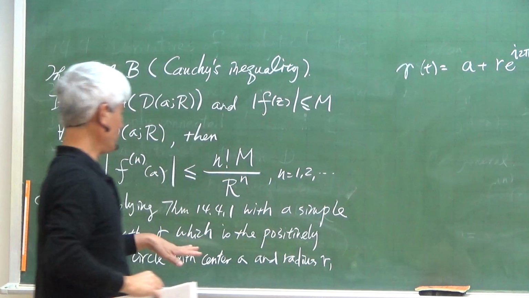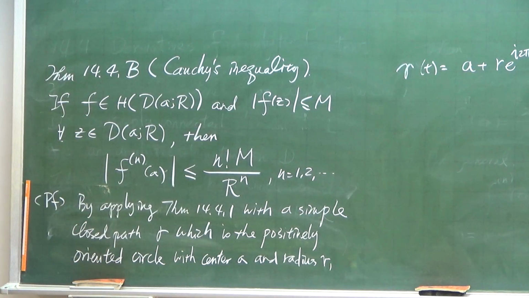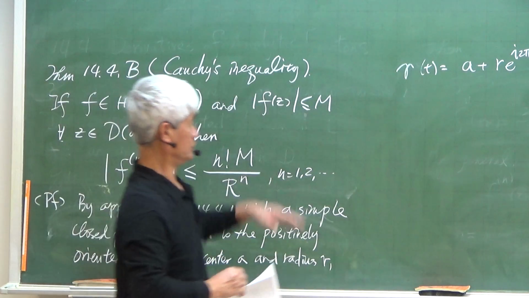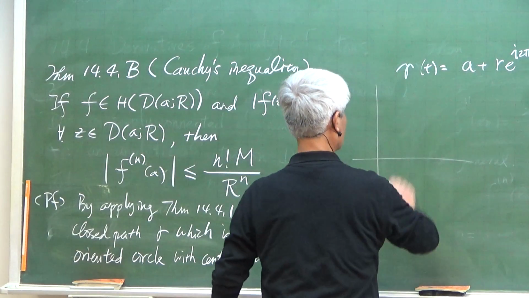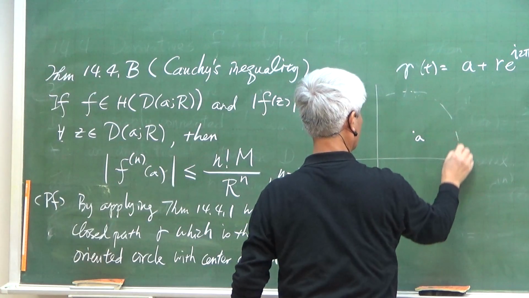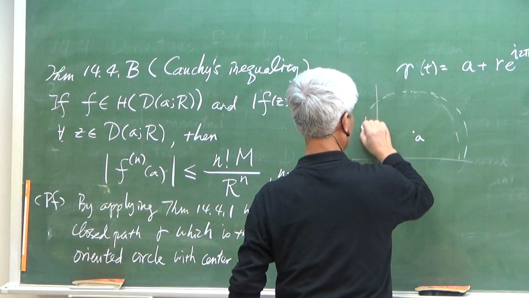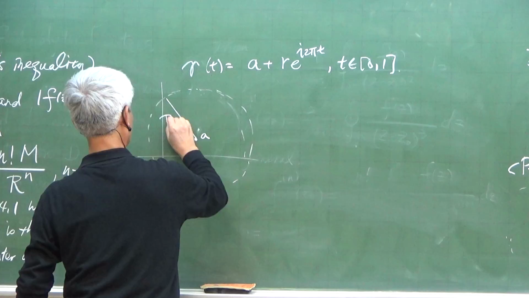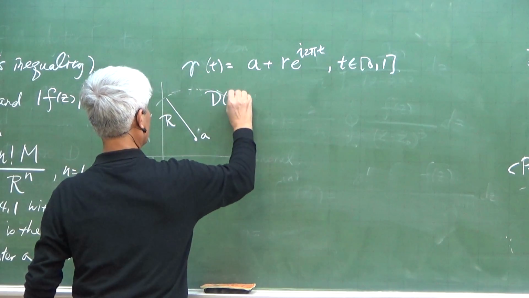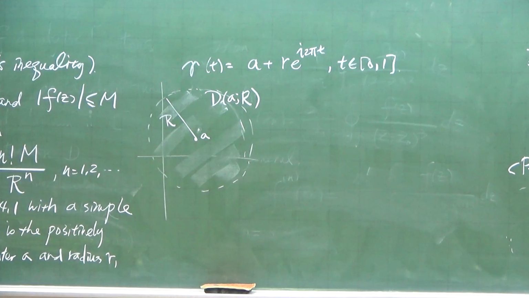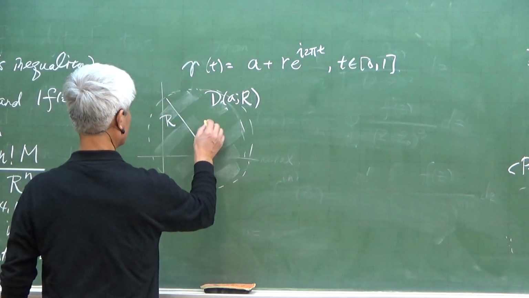The simple closed path we select is the positively oriented circle, because the disk is a simply connected domain.